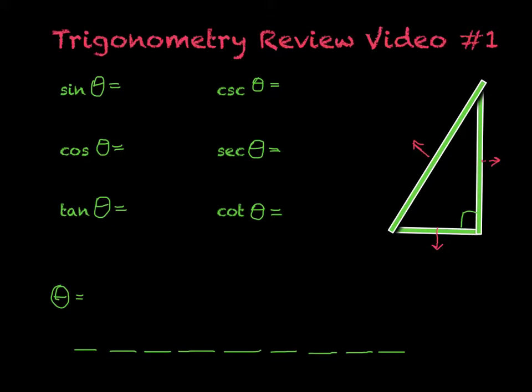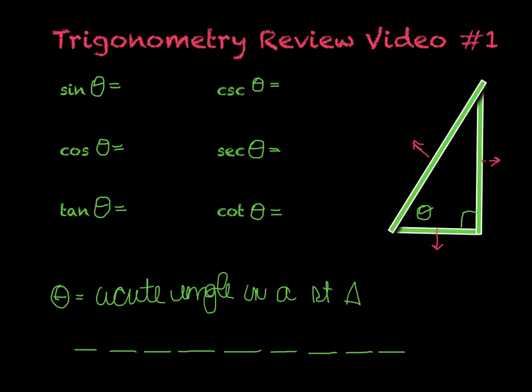First thing, we have a right triangle. Want to make sure we remember that if that is theta, and all theta stands for is an acute angle in a right triangle, then no matter what, this side is always the hypotenuse.